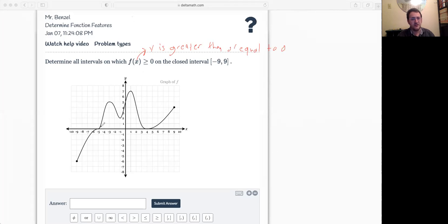And what we notice here is right at -5 and right at 4, well, actually, there continues to be greater than or equal to 0. So it pretty much ends right at 9. So from -5 to 9, we are greater than or equal to 0.